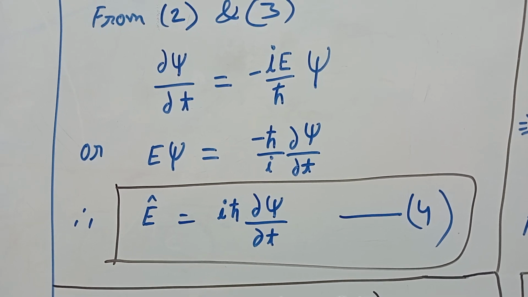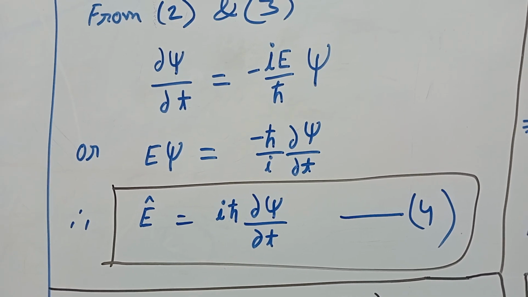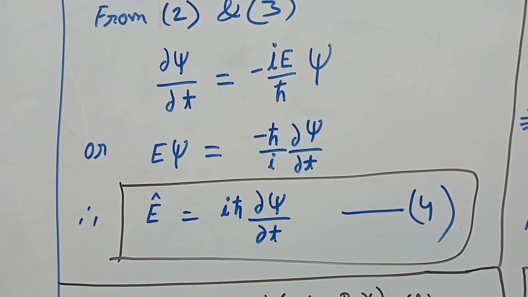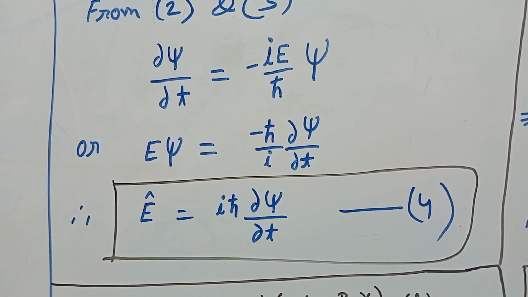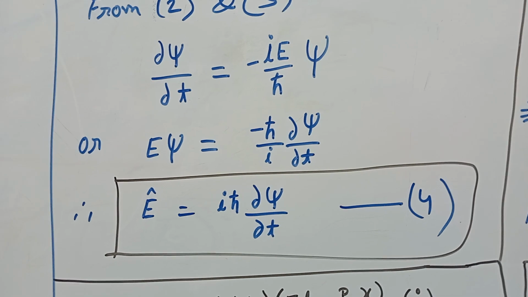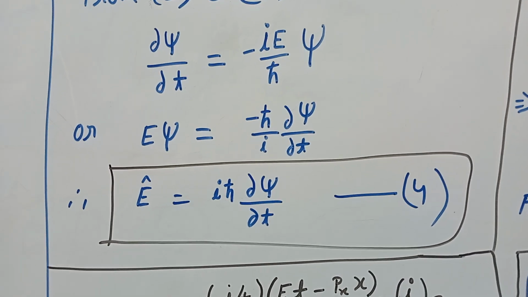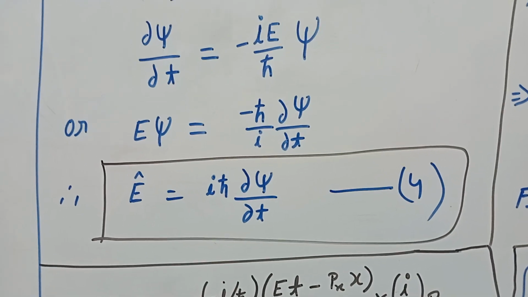Or we can write E psi equals minus h cut by i del psi by del t, or the operator E is i h cut del by del t. This is equation number 4, and this is the operator of energy.